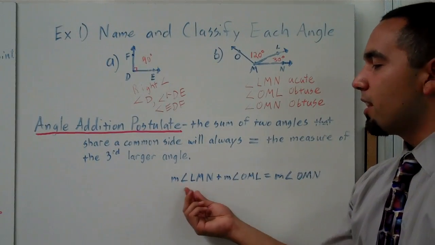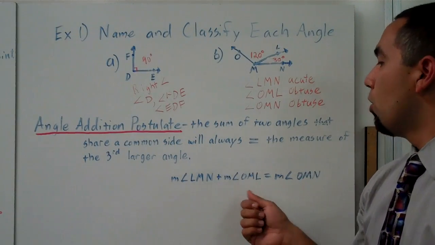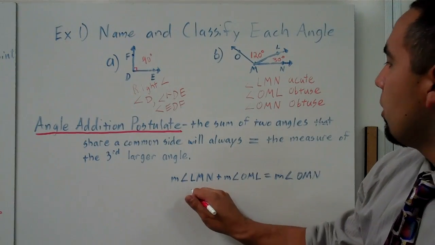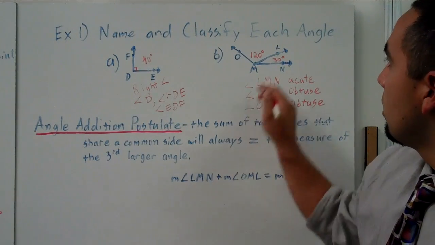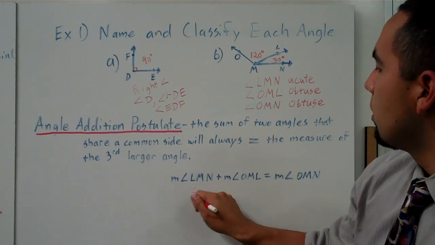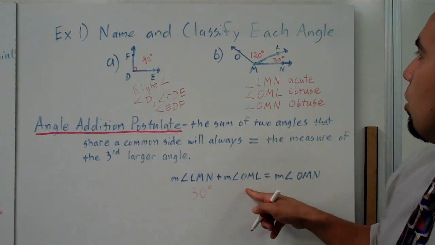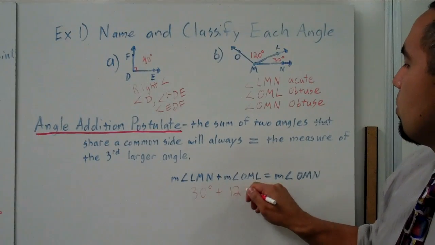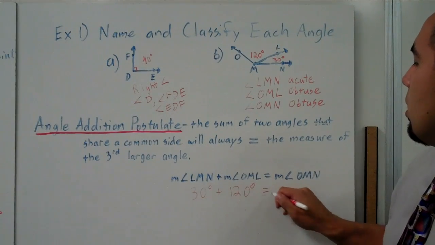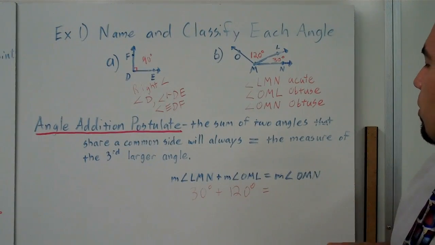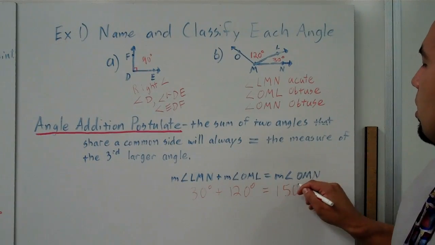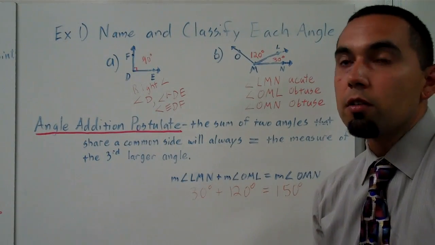We can write this out as an equation, or I can simply add them together. Here, LMN we said was this small one, that's 30 degrees. And OML, that's the other one, that's 120 degrees. So the measurement of OMN must be 30 plus 120, must be 150 degrees.